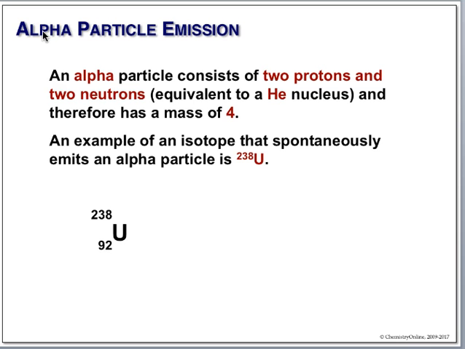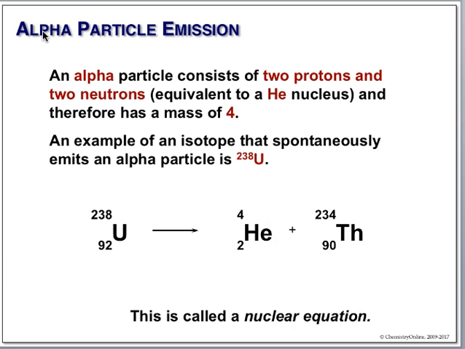That is a helium nucleus with no electrons. And this is spit out of somebody's nucleus. We just heard uranium decompose. This is uranium-238, atomic number 92. When it loses an alpha particle, it's spitting out this helium nucleus. Now, the helium nucleus has a mass number of 4.